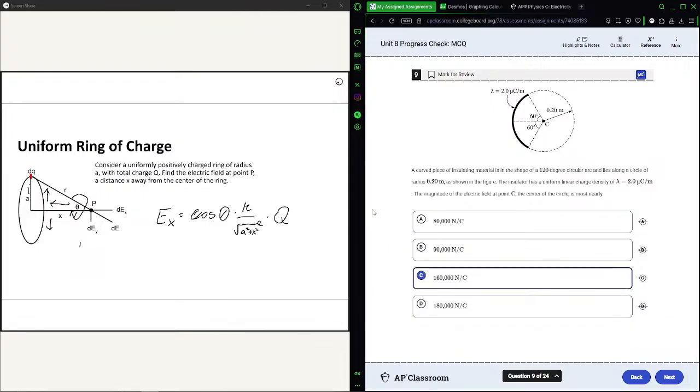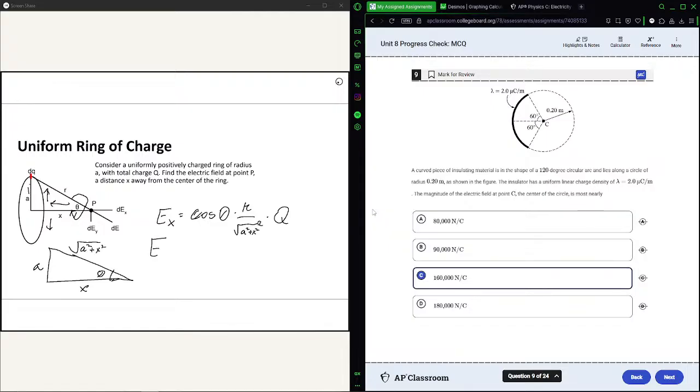times q, okay? And now we know the triangle it gave us was this right triangle of theta. We have x here and a here. So the cosine is equal to adjacent over hypotenuse, and the hypotenuse is the square root of a squared plus x squared.